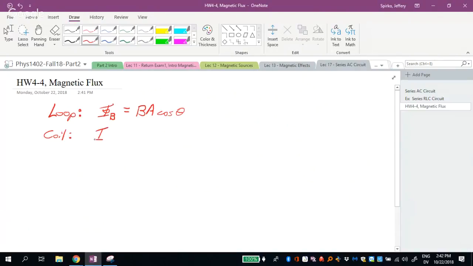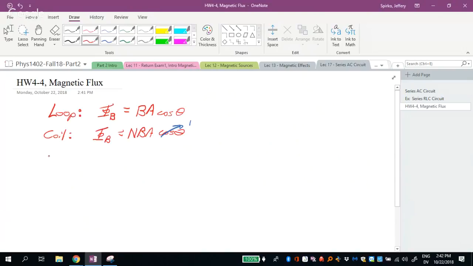For a coil, which is like N loops, we just have to multiply an N on there. And then for a coil, usually we think about that cosine theta as being 1 because the magnetic field goes straight through the coil. The only time that's not true is when the coil is like a generator coil.